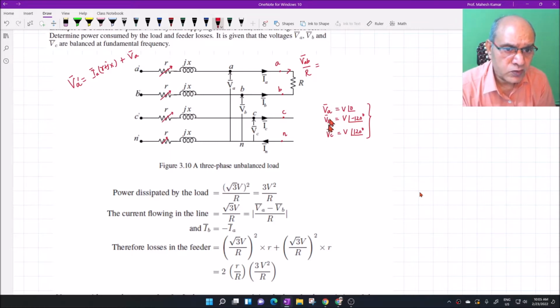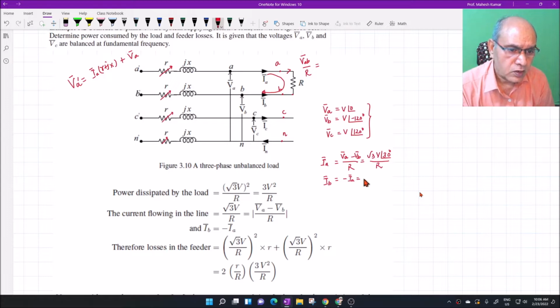Once I know these voltages, we can find IA, which is nothing but VA minus VB by R, which is root 3 V angle 30 degrees. You can find out what VAB is. It will come as root 3 times the voltage angle 30 degrees divided by R. And IB equals minus IA. You can see this from the flow of current. At this point, IB plus IA equals 0, therefore IB equals minus IA.